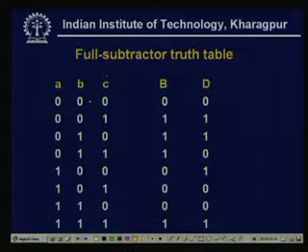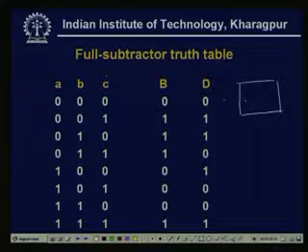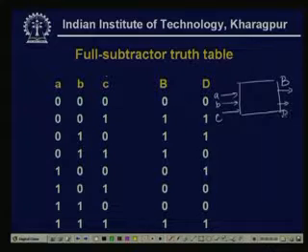Now there are 3 inputs. This is my full subtractor circuit: there will be 3 inputs, A and B, the 2 operands, and another is the borrow denoted by C, and the outputs are the next borrow generated and the difference of these 2 bits.